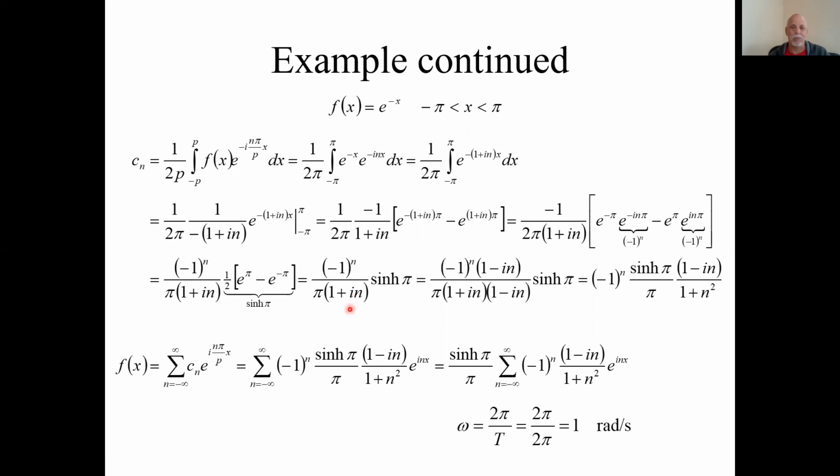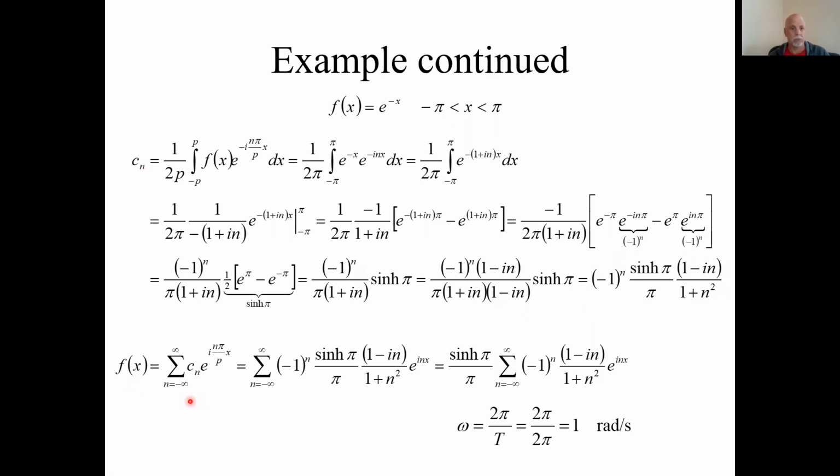We don't like complex numbers in the denominator. We get rid of them by multiplying numerator and denominator by the complex conjugate of the denominator. So I'll do that, and it simplifies a little bit. And finally, here is each coefficient, each C sub n.